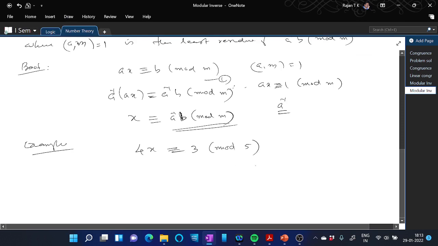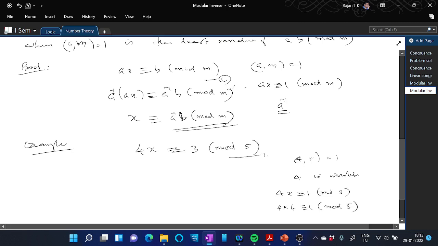Now here a is 4, (4, 5) is 1, and therefore 4 is invertible, and its inverse is 4 itself, because 4 into 4 is 16, which is congruent to 1 mod 5.